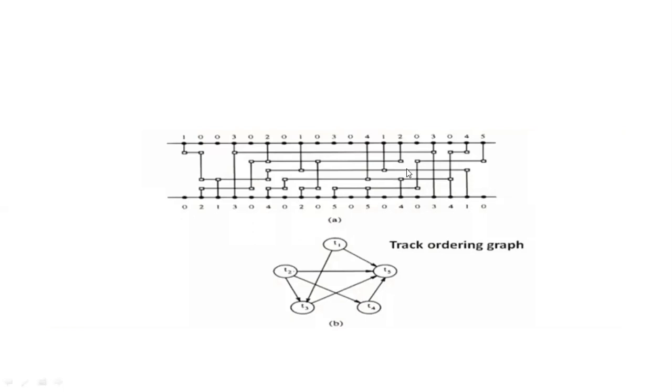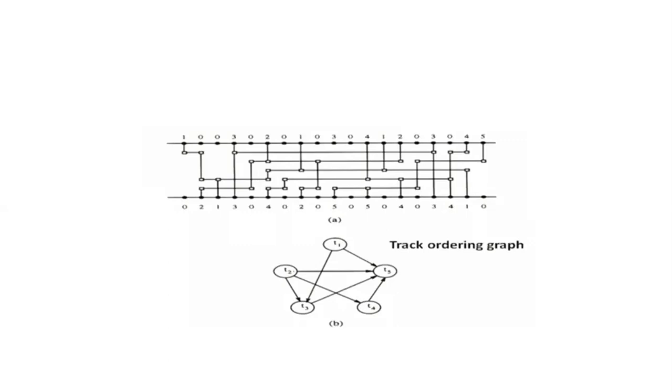This example shows the graph without going into details. I'm not going to talk about how I got this; I'll talk only about the track ordering graph. This was a channel routing problem which was given, and this was the corresponding track ordering graph, showing which track can be placed before the other.